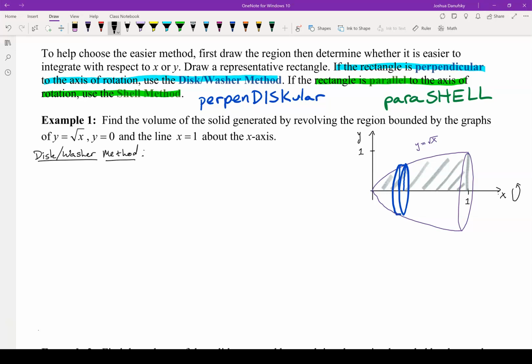Our cross-sectional area is a circle, and this is the radius of that circle, which is the square root of x. For the disk washer method, we'll need to integrate the cross-sectional area.